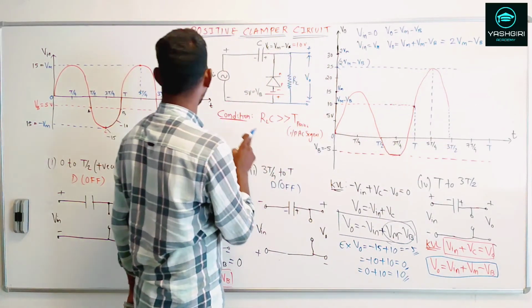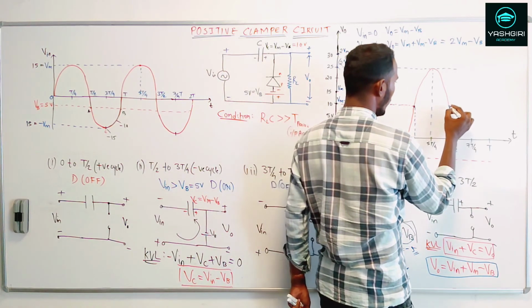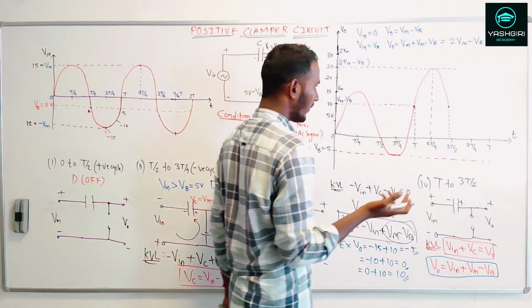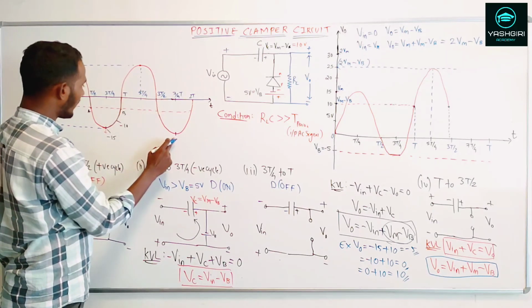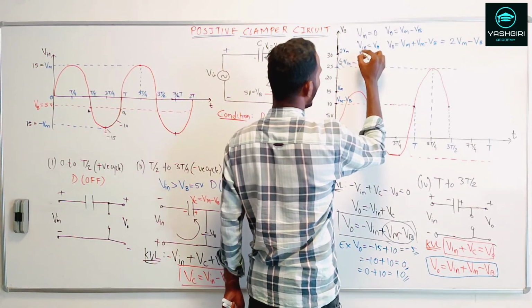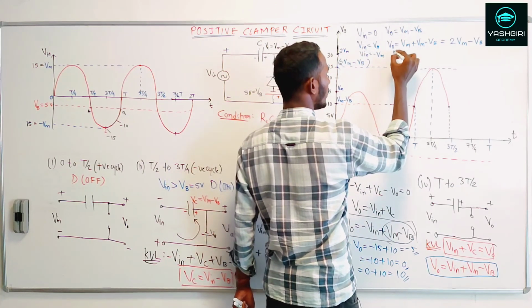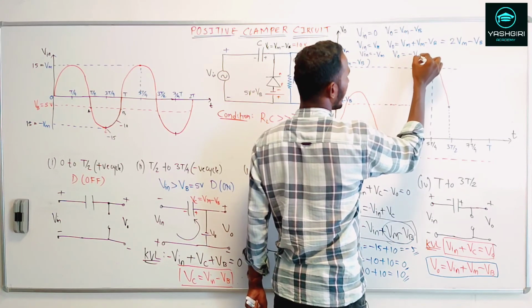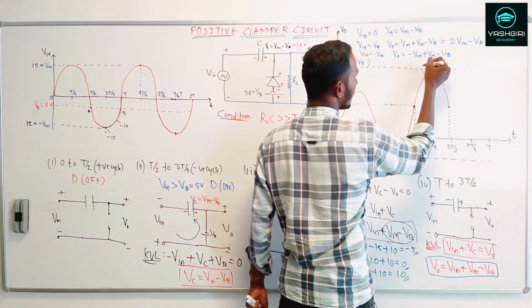In the same way, when V input is equal to 0, you get Vb over here. Now when you go for the negative half cycle, that is at 7T by 4, you will find that it is minus Vm. When you substitute V input equal to minus Vm, V out is equal to minus Vm plus Vm minus Vb, and this gets cancelled.